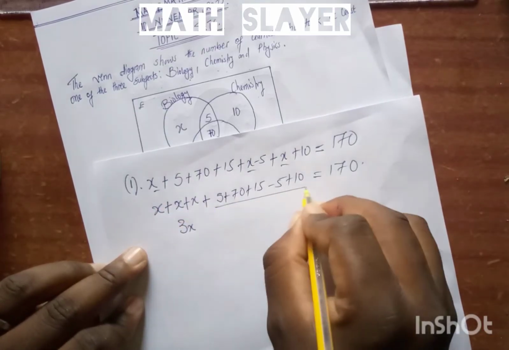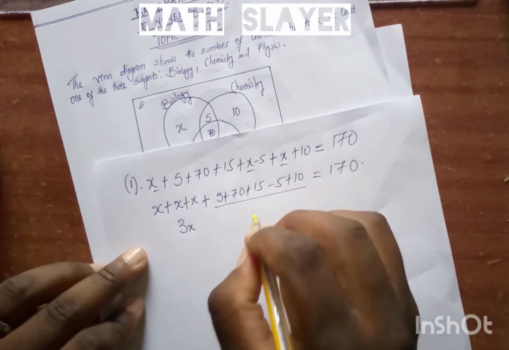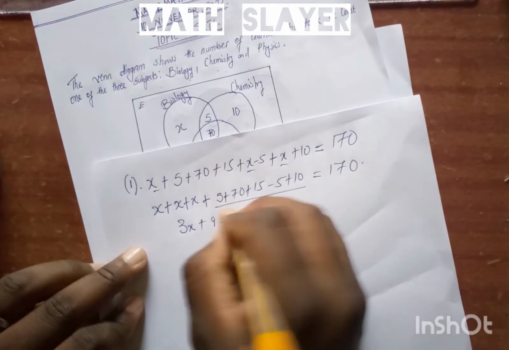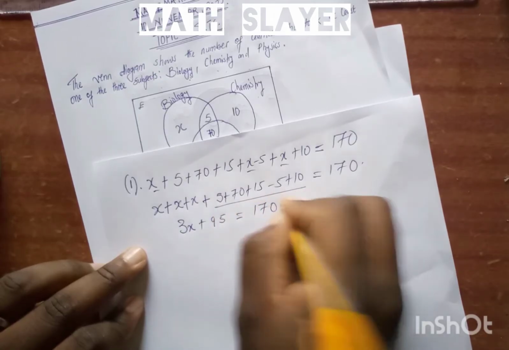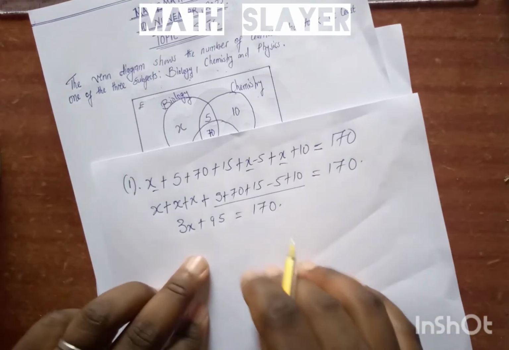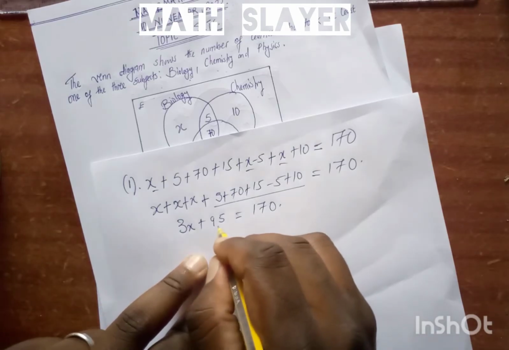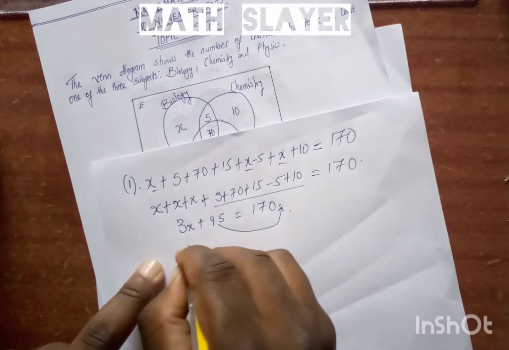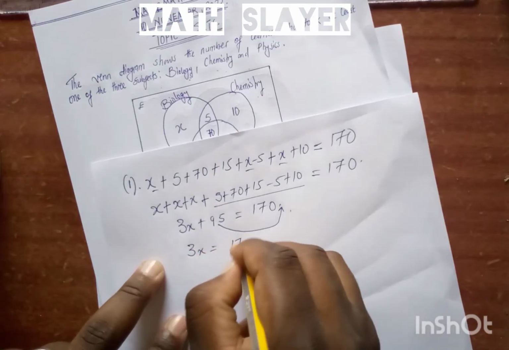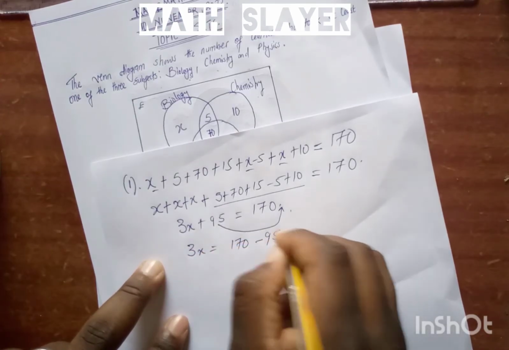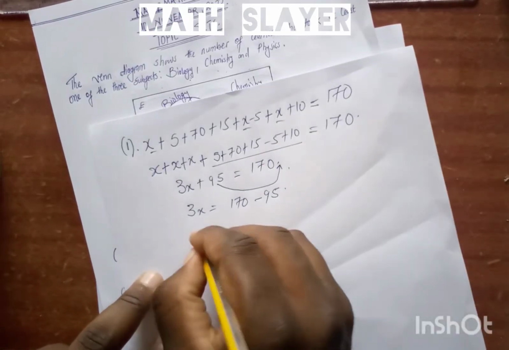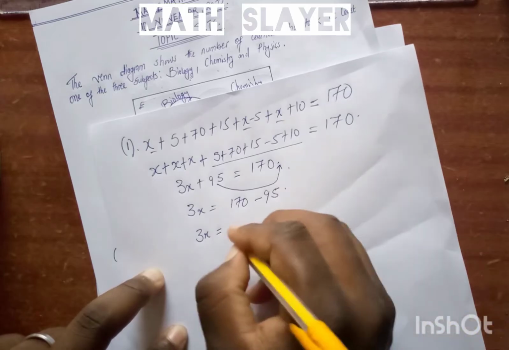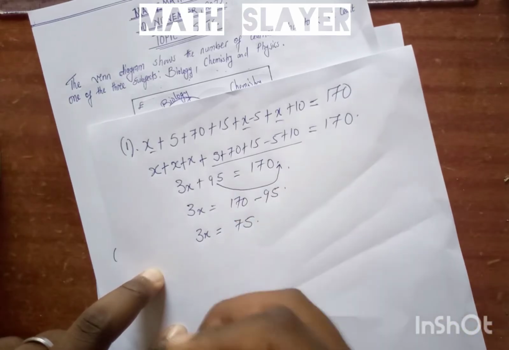When you add and subtract the numbers, you have 95 is equal to 170. At this point, we further collect like terms by making positive 95 cross the equal sign and come this side. So we have 3x is equal to 170 minus 95, which is 75.